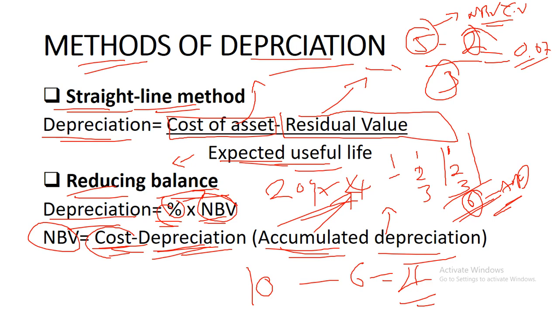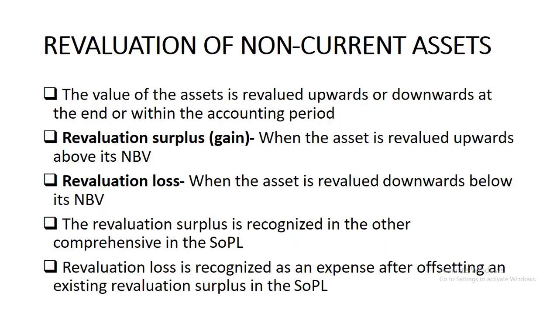So maybe we've got, say, 2 years of depreciation. So we've got year 1 and year 2. So the depreciation in year 1 and depreciation in year 2, if you add them, that's going to give us the accumulated depreciation.